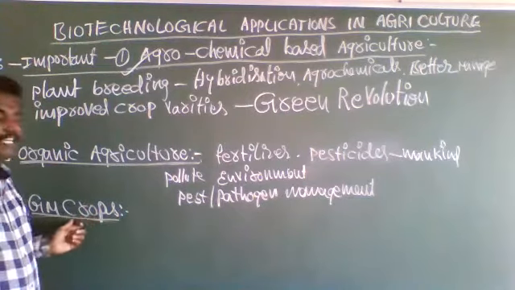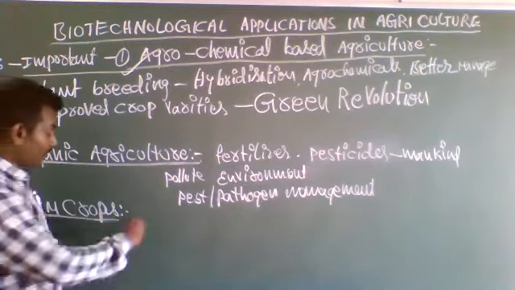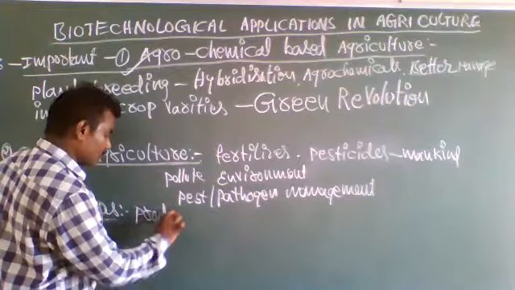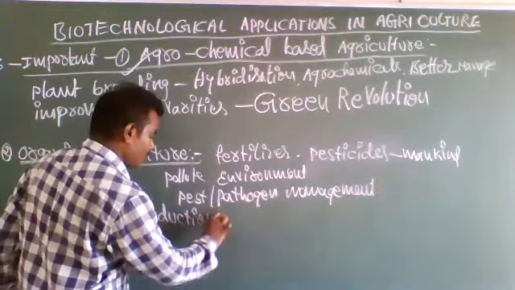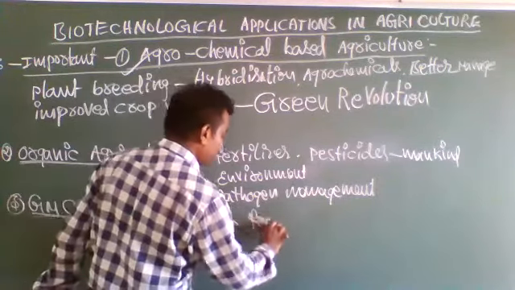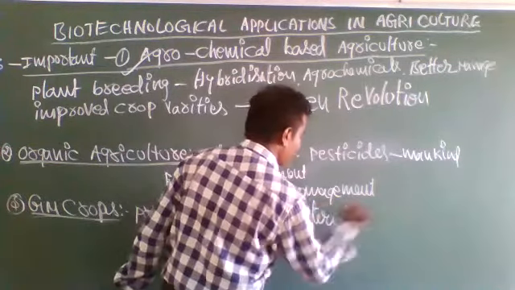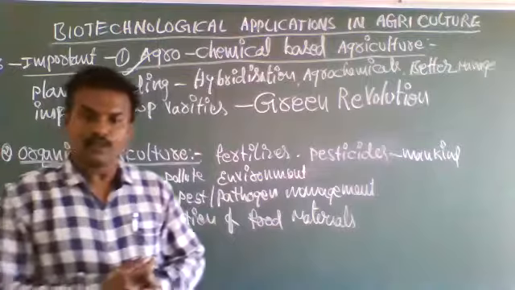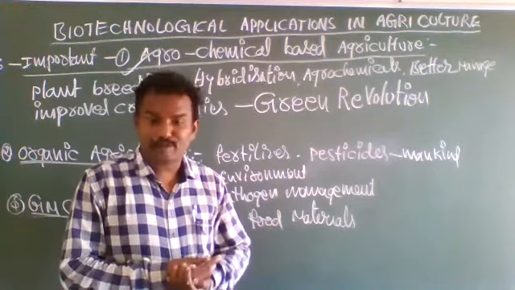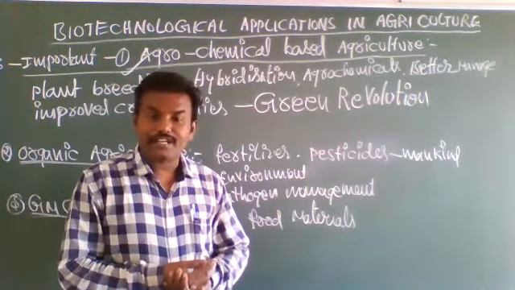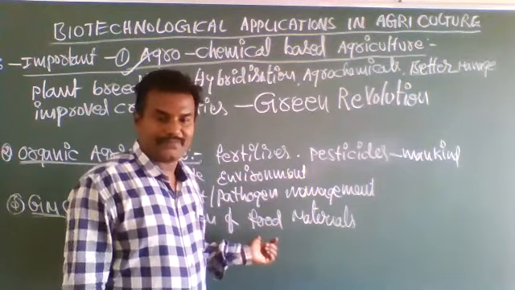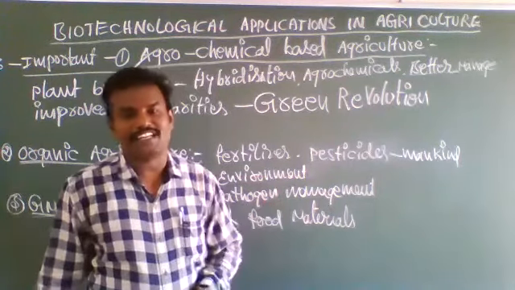The main aim of genetically modified crops is the production of food materials through genetically modified plants, which reduce the dependence on fertilizers and pesticides.